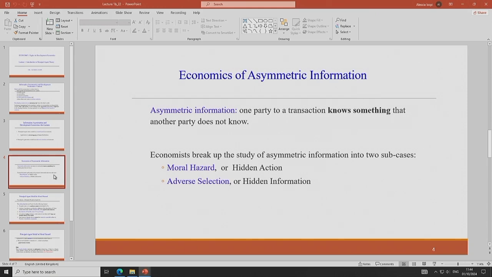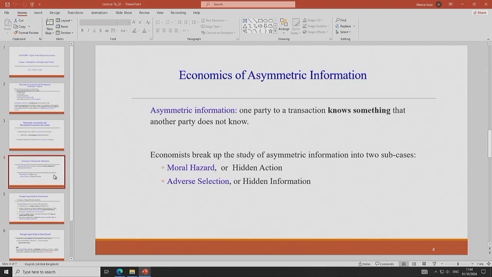It's not verified. Correct. Very good. So basically, in the case of moral hazard, what's hidden is the action. You're going to do something, and what I'll be able to verify will be only the outcome. But I won't be able to track exactly the amount of effort that you have exerted. And we will see in a minute, because there will be another component.